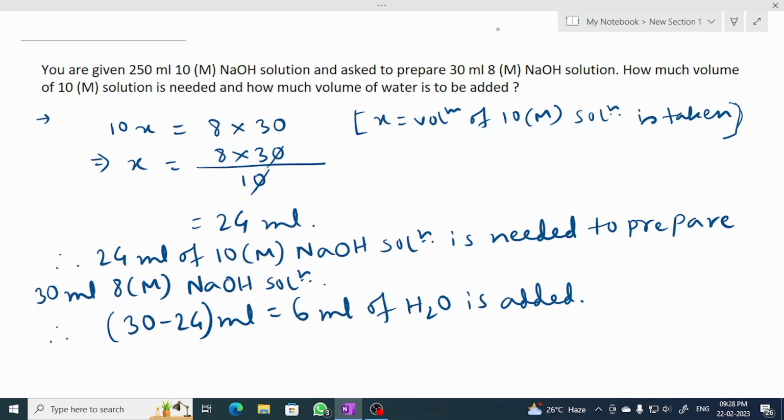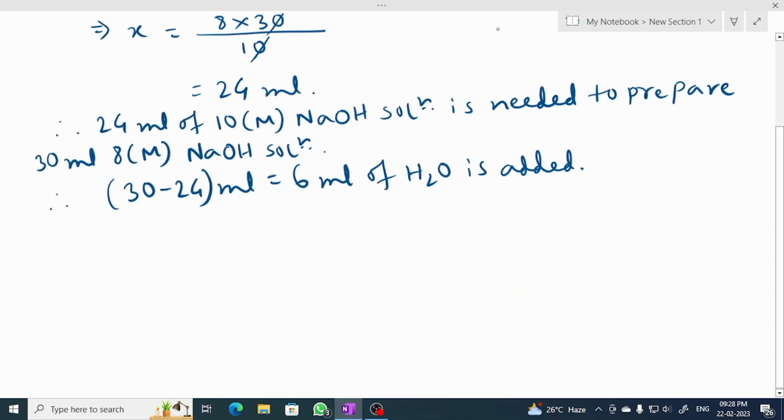Now we move on to the normality. So what does it mean by 1 normal H2SO4 solution?